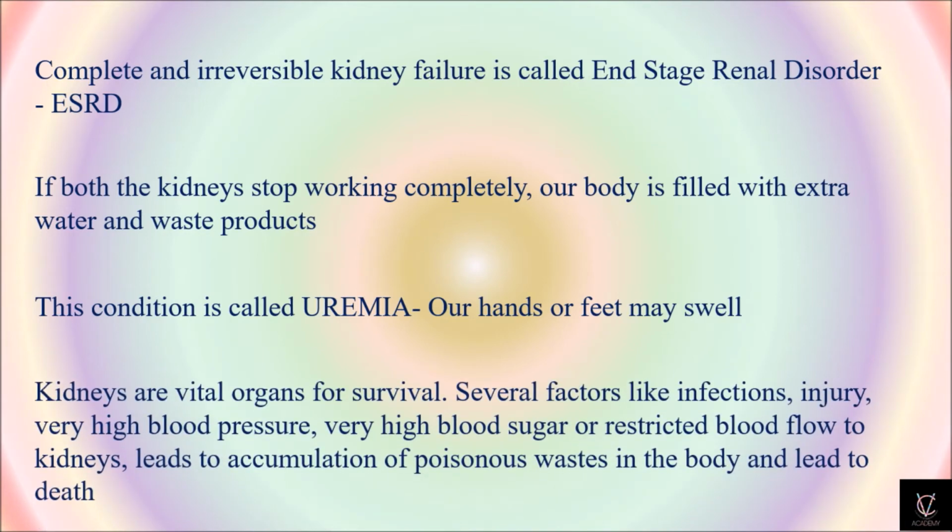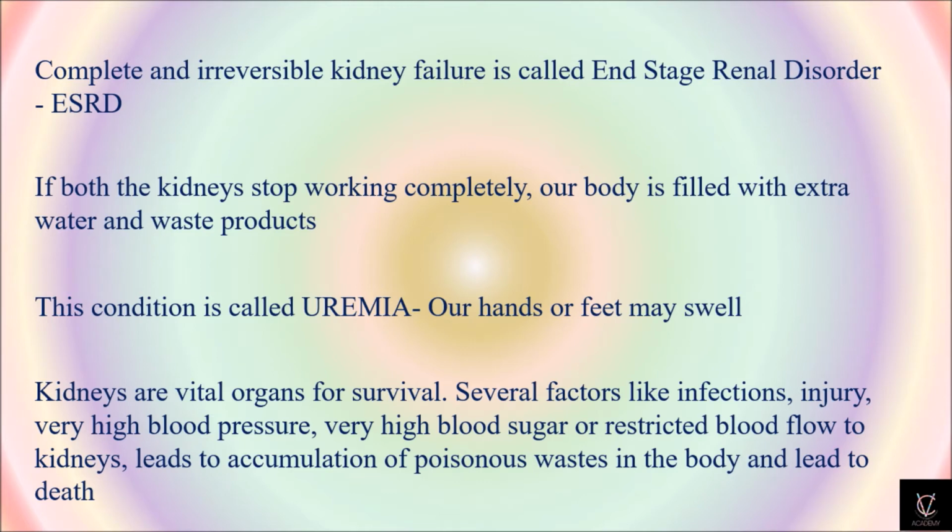As kidneys are vital organs for survival, several factors like infections, injuries, very high blood pressure, very high blood sugar, or restricted blood flow to the kidneys may lead to accumulation of poisonous waste in the body and lead to death also.